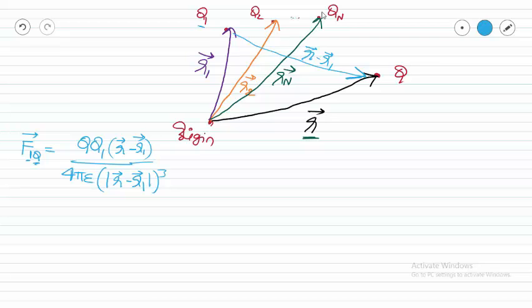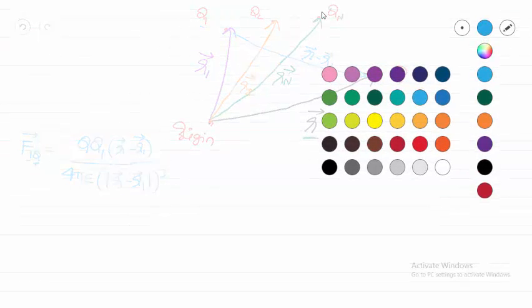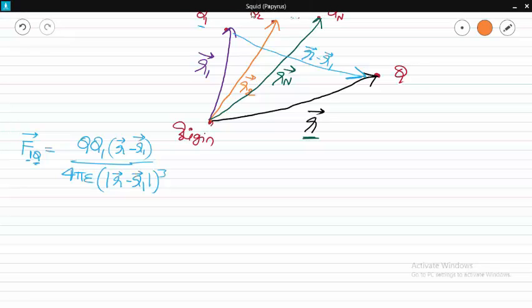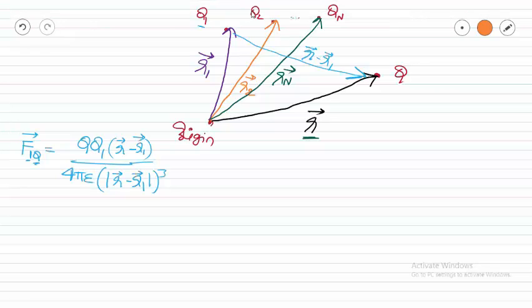So this is the force acting on the charge q due to q1 alone. Similarly, I can draw the distance vector from the point where q2 is located to the point where q is located.